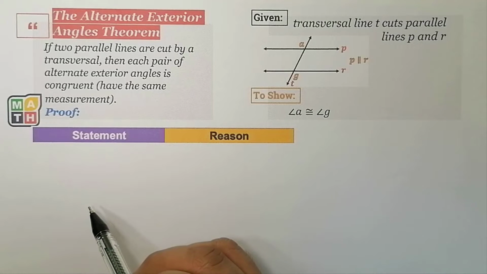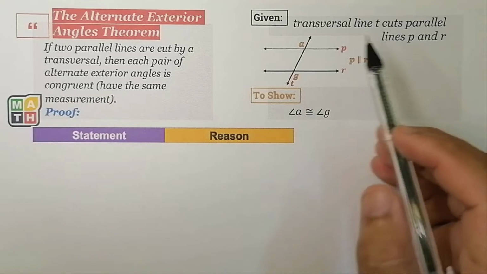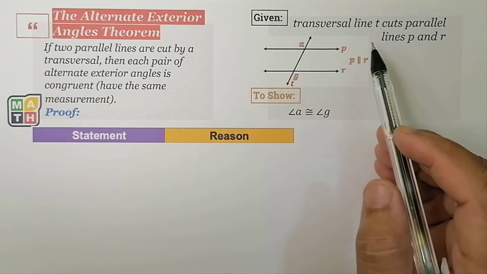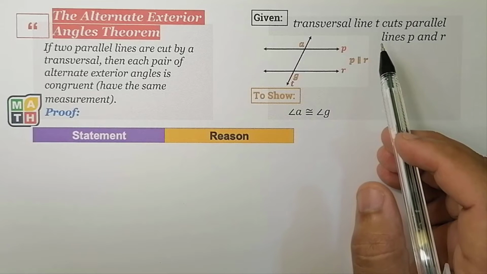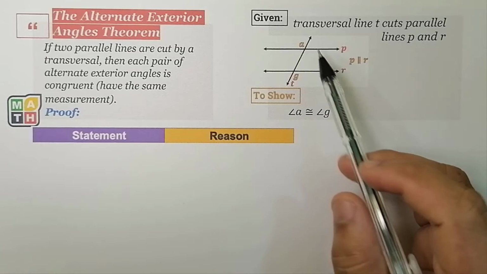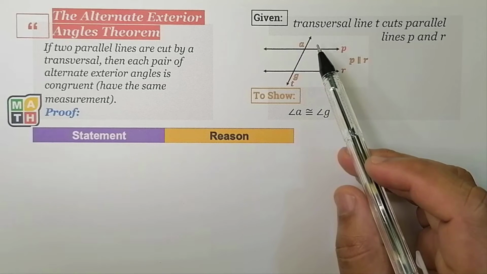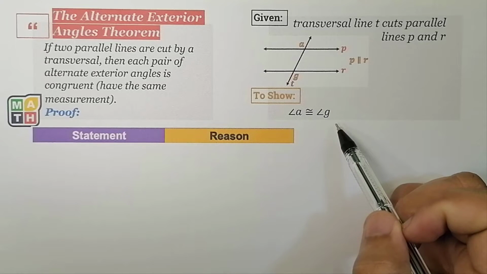The start of our proof will cover the given statement here. Out from these statements, we are going to look at the relationships of the angles formed that will hopefully lead us to this intended outcome.